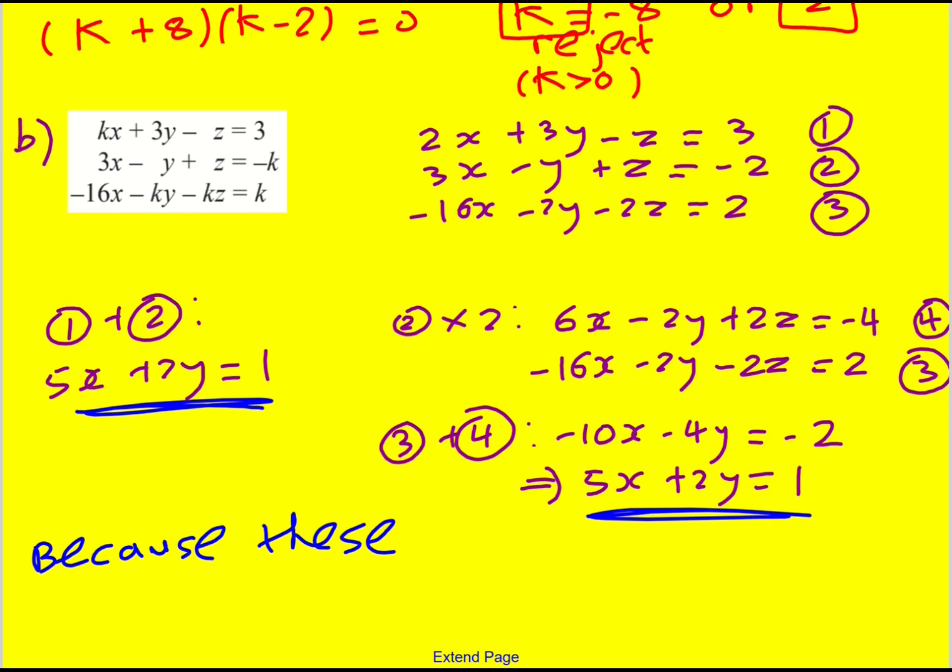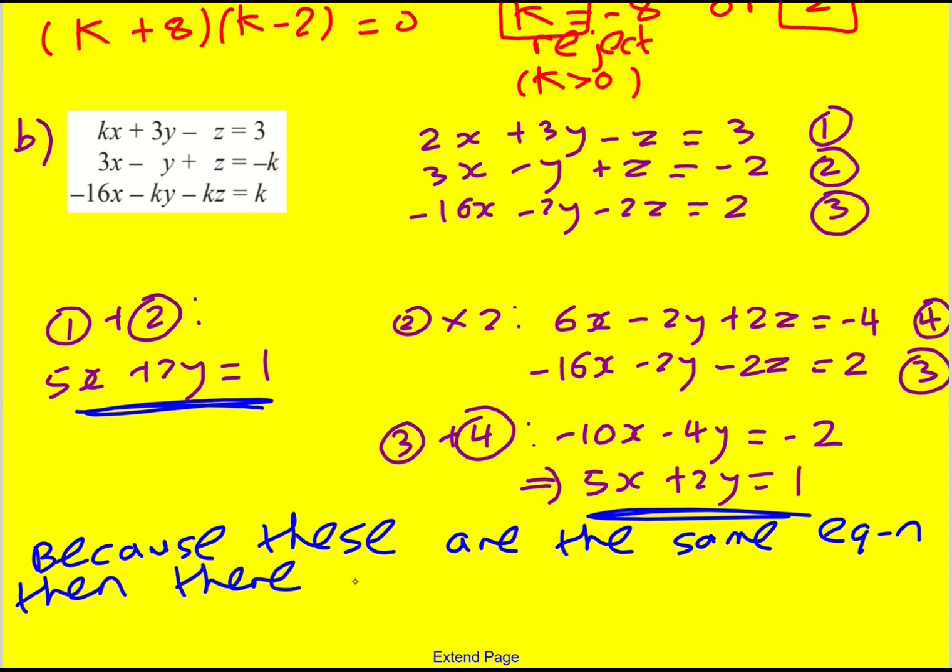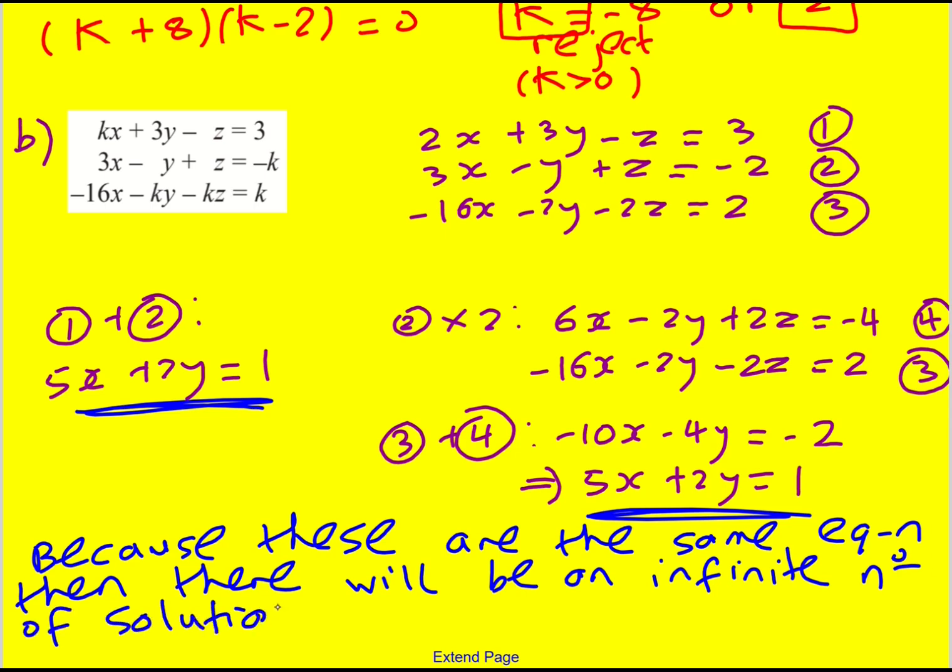I just need them to satisfy 5x plus 2y equals 1. I can't get a unique solution. So because these are the same equation, there will be an infinite number of solutions. The equations are consistent.